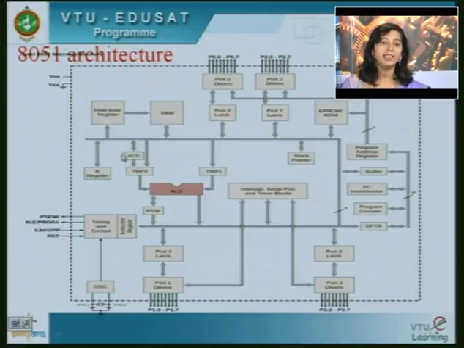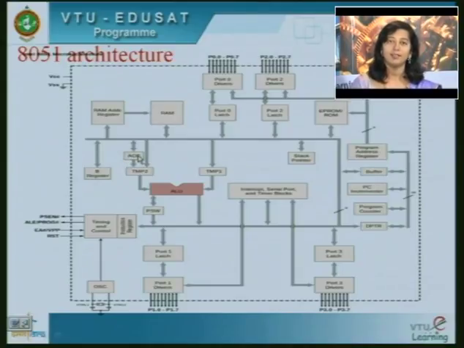This ACC or accumulator is another 8-bit register. This B is also an 8-bit register. Both A and B together are used to perform basic arithmetic and logical operations. So when an arithmetic operation is performed, it almost always assumes one of the operands to be there in the accumulator or the A register.